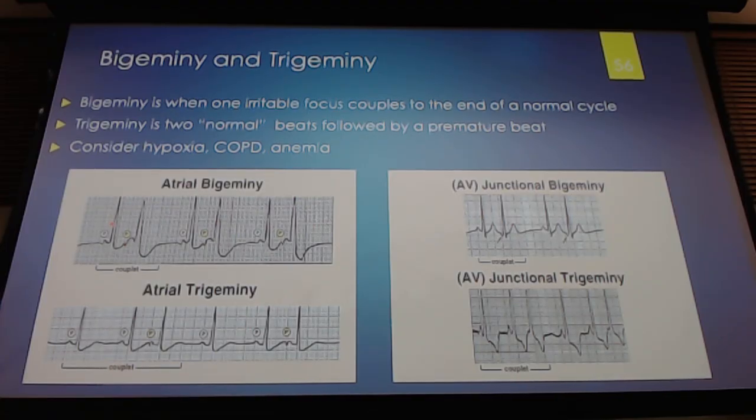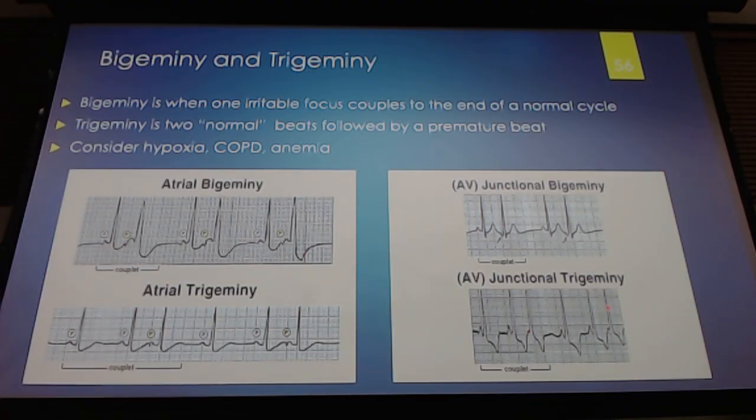Here this is junctional: you have a normal, and then two that are attached to it. You have bigeminy and trigeminy.